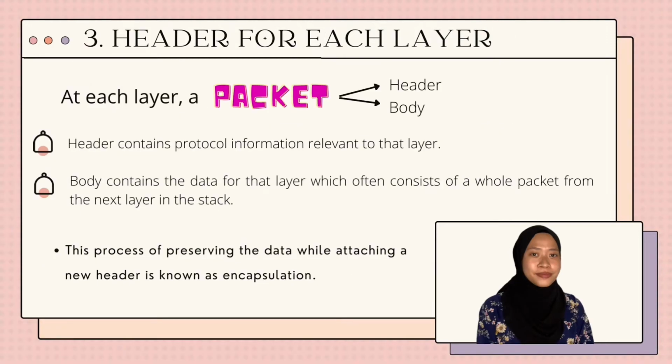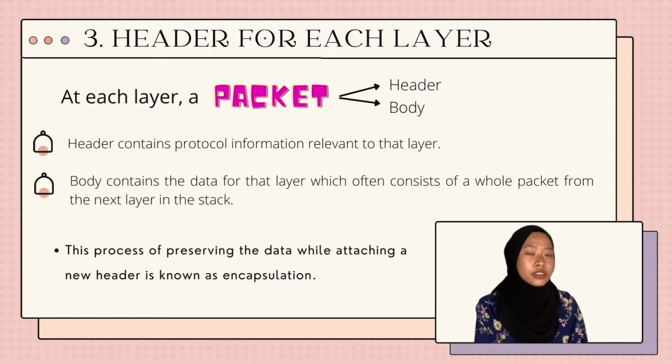The third will be the explanation about the header for each layer. At each layer, a packet has 2 parts, the header and the body. The header contains protocol information relevant to that layer, while the body contains the data for that layer, which often consists of a whole packet from the next layer in the stack.